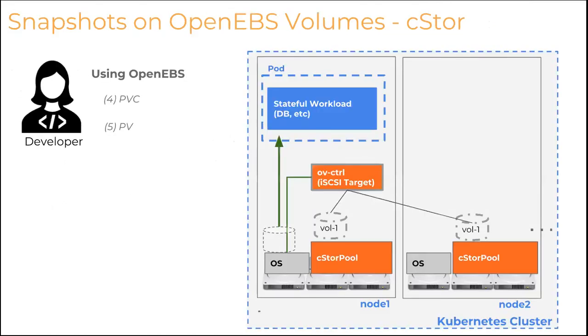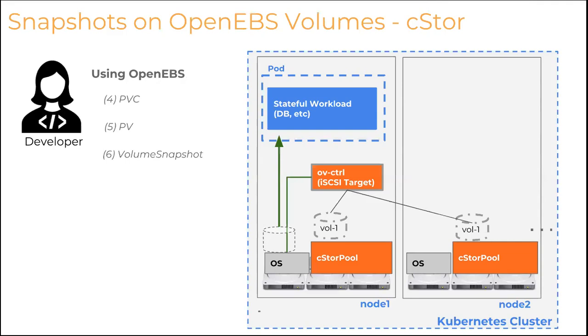Okay. So now let's say a Cstor volume is already created. Now let's look at what happens when the developer wants to take a snapshot on that particular volume. So we make use of the volume snapshots feature that's come in Kubernetes. A developer creates a volume snapshot object specifying the PVC for which the snapshot has to be taken.